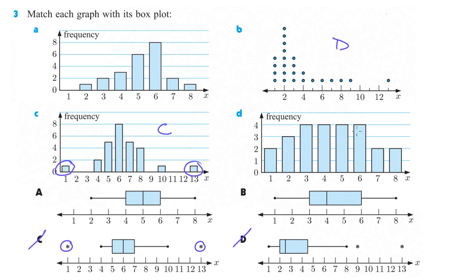So D definitely goes to B, and then A goes with A. Okay, so we got A, D, C, and B for those.